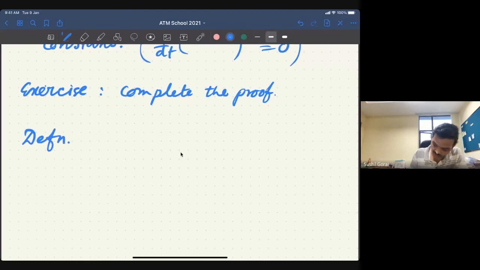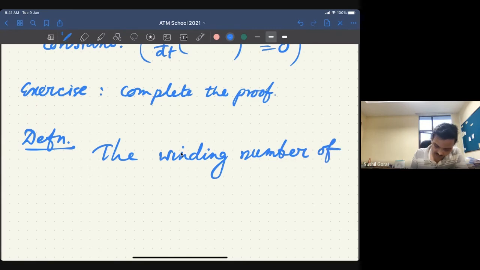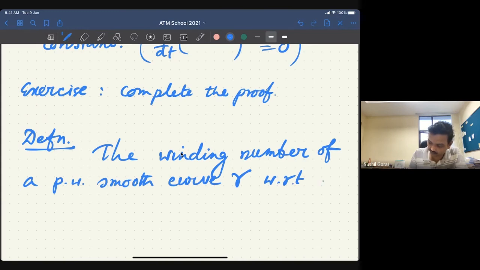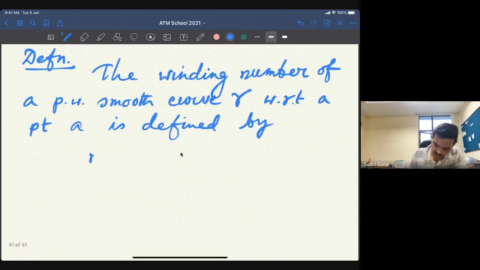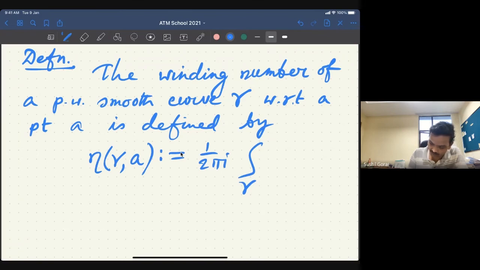So definition: the winding number of a piecewise smooth curve gamma with respect to a point A is defined as follows: eta(gamma, A) is defined as 1 over 2 pi i times the integration over gamma of dz by z minus A, right?